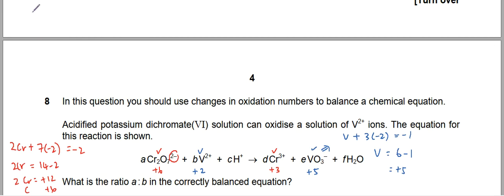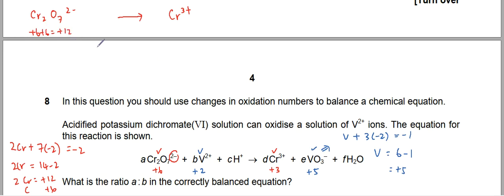For the chromium, the one is Cr2O7 2 negative, and it becomes Cr3 plus. The first thing we can do is note that we have 2 chromiums here, so plus 6 plus 6, and the total charge on the left hand side is plus 12.